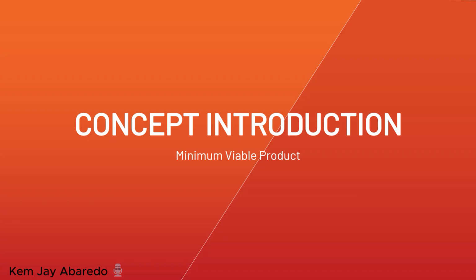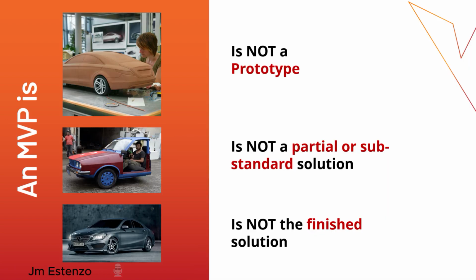The concept introduction of MVP will be discussed with my members, JM Estenzo and Kenneth Lucero. An MVP is not a prototype, it's not a partial or substandard solution, it's not our finished solution.